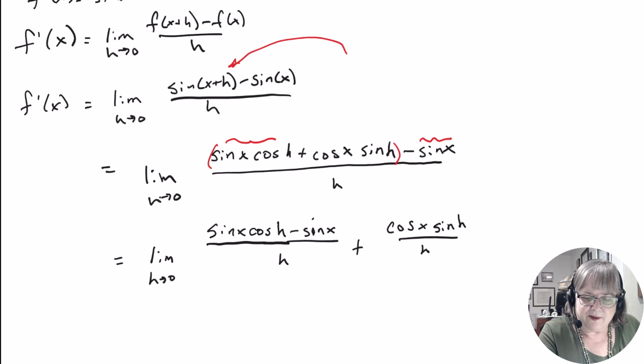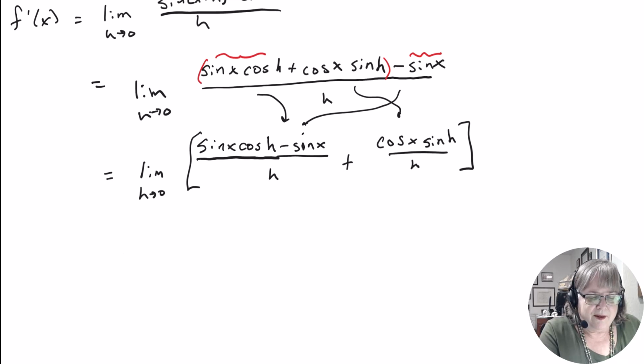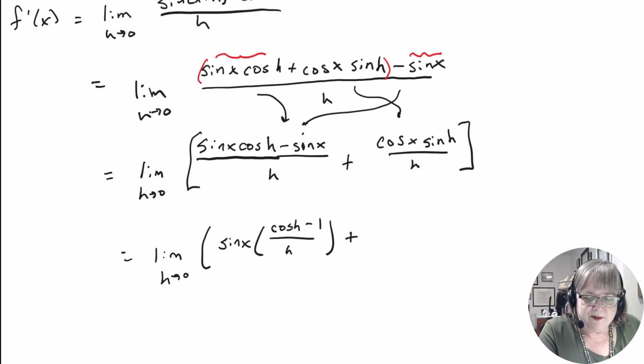We've split them up with a common denominator. Then out of that first fraction, I can factor out a sine of x, leaving cosine of h minus 1 over h, plus cosine of x sine of h over h.